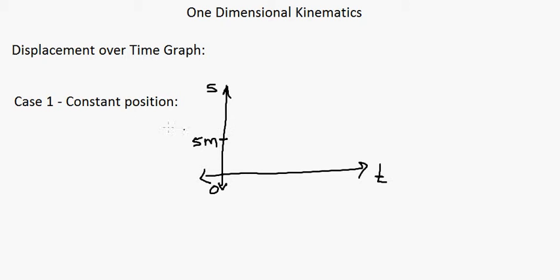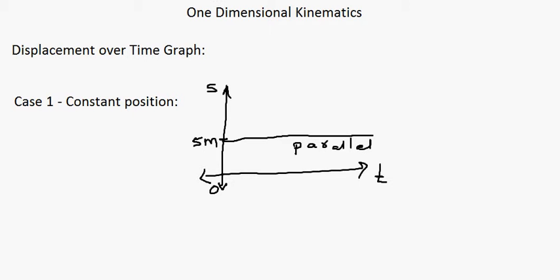My displacement is zero. That is constant position. So this is gonna be same at every instant of time. So this is gonna be a straight line, and the straight line is going to be parallel to the t-axis.